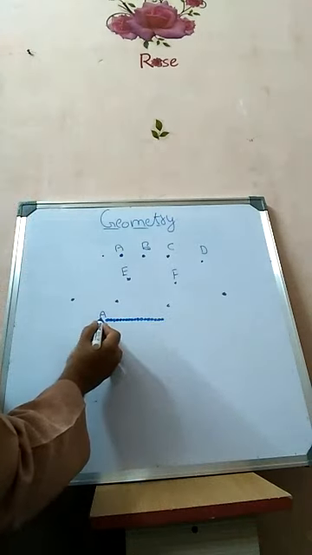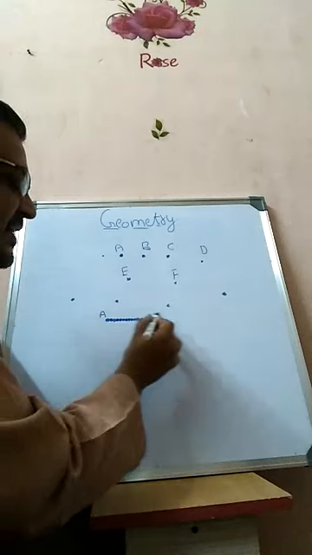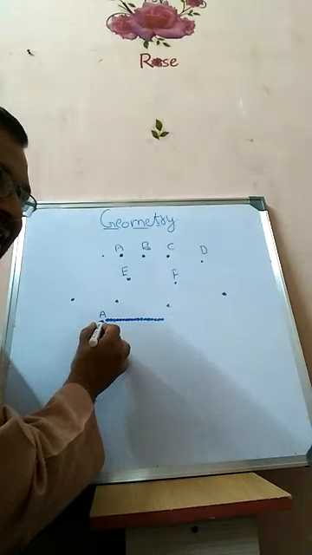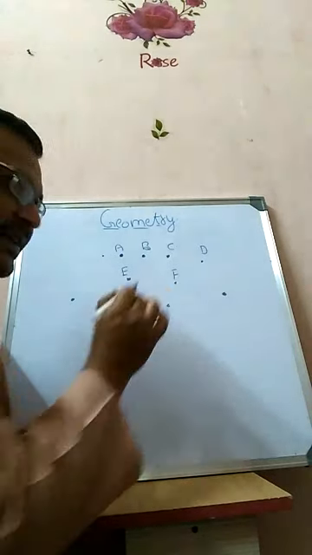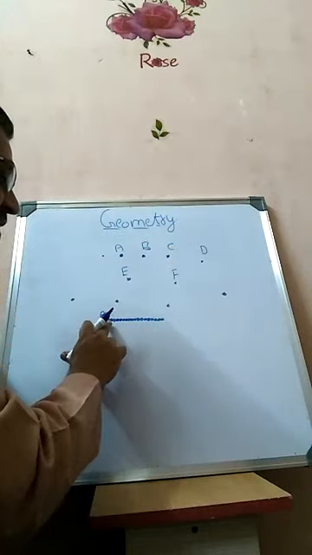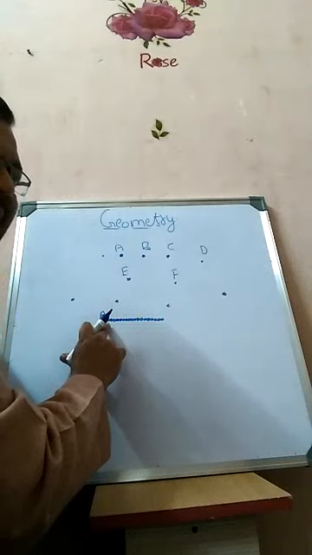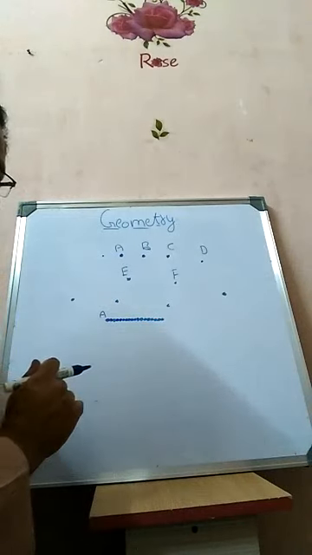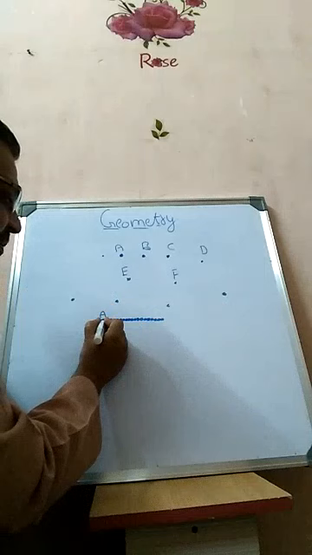So initially one point I took. Right side of that point A, I marked some points from many points, from infinite points. And now left of point A also some points I will mark.